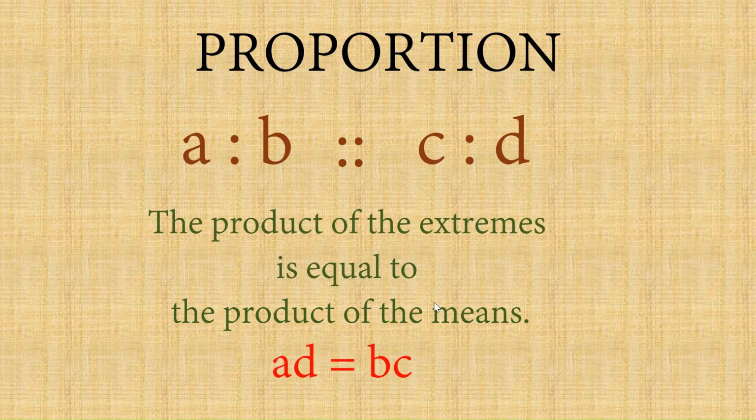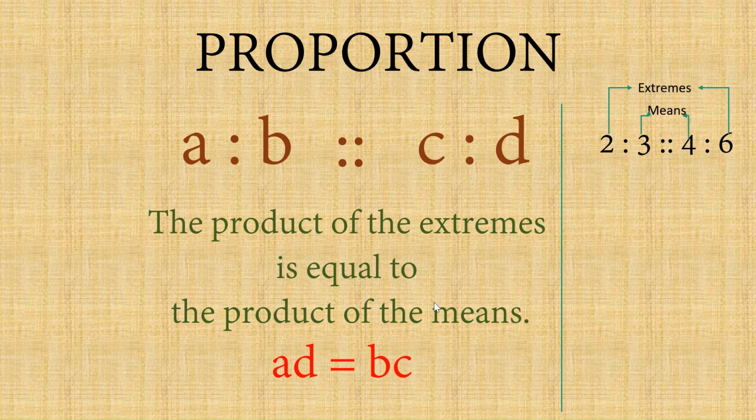Let us consider the same example that we have seen just now. 2 is to 3 is equal to 4 is to 6, or we can say 2 is to 3 as 4 is to 6. Now identify the extremes and means here.